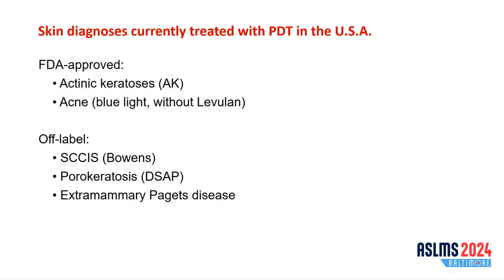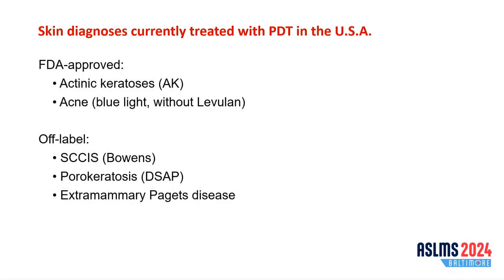And it's a short list, I have to say, a little unfortunately, where everyone's working on it, but right now, the only diagnoses that are FDA approved are actinic keratoses, which of course are pre-squamous cell carcinoma, and then acne, but that is without the drug, just blue light, with the idea that the microorganisms in the oil glands themselves make PP9, so they have their own photosensitizer.